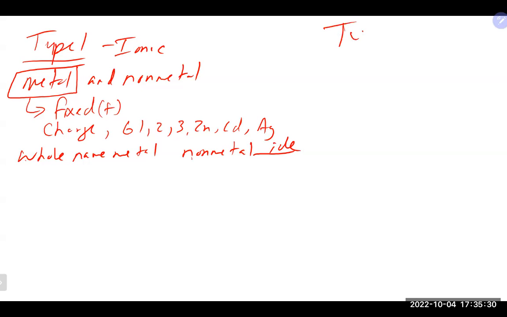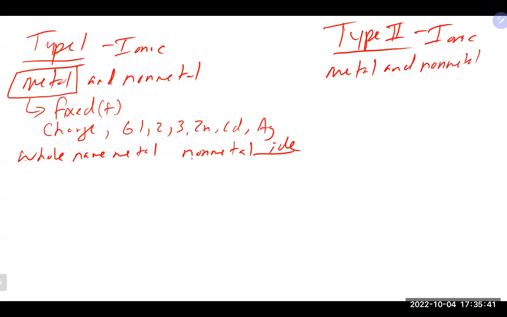Type 2 compounds are also ionic. They also are a metal and a non-metal together. And once again, it is the metal that's most important. The metal here is a guy that has a variable positive charge.